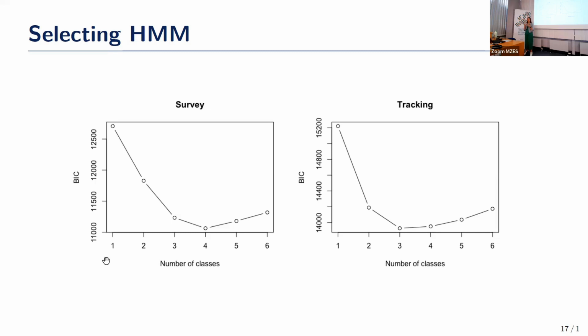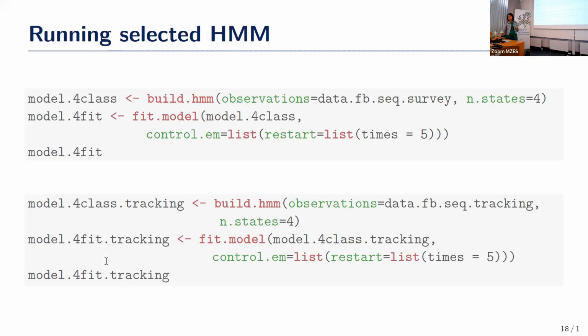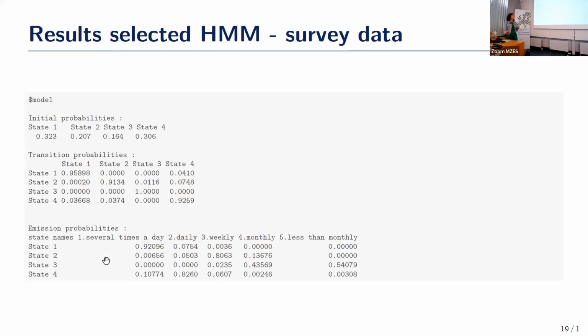So substantively speaking, we have 4 different Facebook user types with regards to frequency, right? That's what we're thinking.